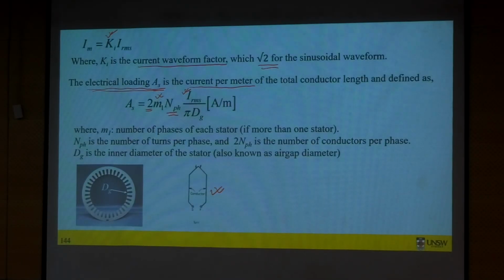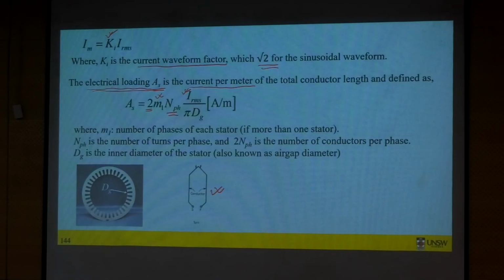Then M1 will be a total of 6 phases, and so on. If you have one stator, it is simply 3, 3 phase. So the number of turns, phases, multiplied by current gives us the total amount of current in your machine, right?